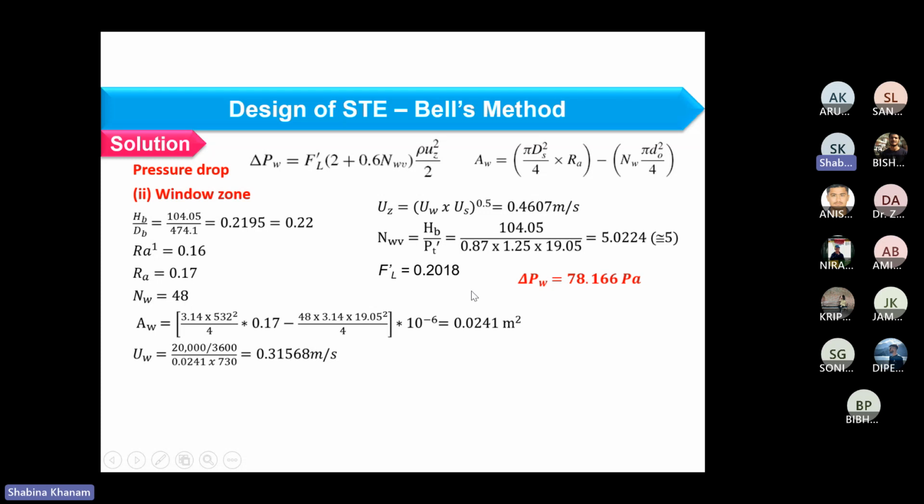But you need to consider up for one and off for another. So NWV you can find as 5. FL prime we have already calculated before, so delta PW you can calculate using this expression, which is coming as 78.17 Pascal.